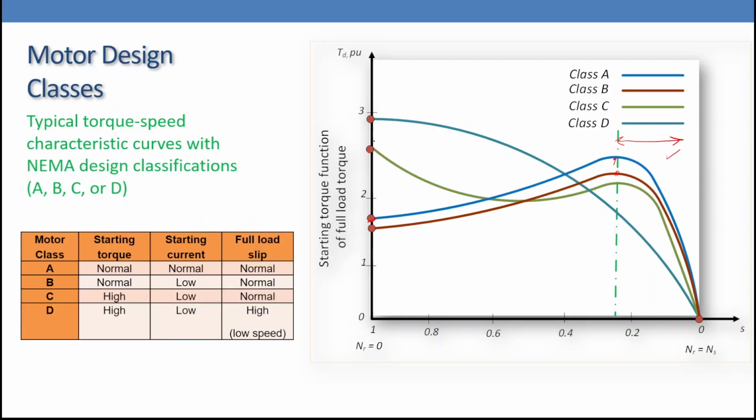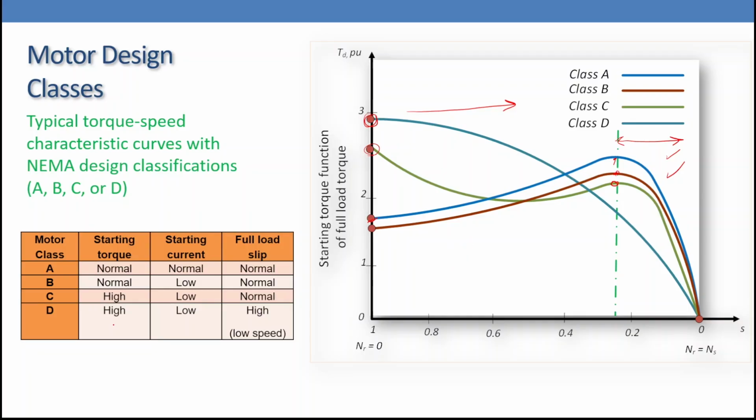For class C, we have a high starting torque, but the starting torque is not the maximum torque. We call this point the stall torque or breakdown torque, and the machine operates in this region as well. So class C is specified by high starting torque and high speed. But class D has high starting torque, which is the maximum torque, and this is the stability region, so the machine can operate at low speeds or high slip.